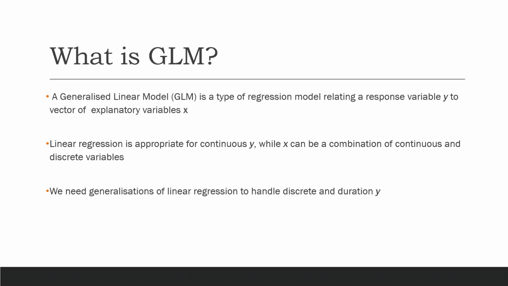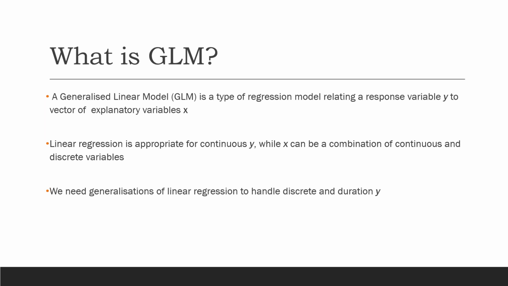So what exactly are generalized linear models or GLMs? Just a little note here. From this point onwards, I will be using the abbreviation GLM for generalized linear models. Right, so what are GLMs? They are regression models. That is a model relating a response variable y to a vector of explanatory variables x.